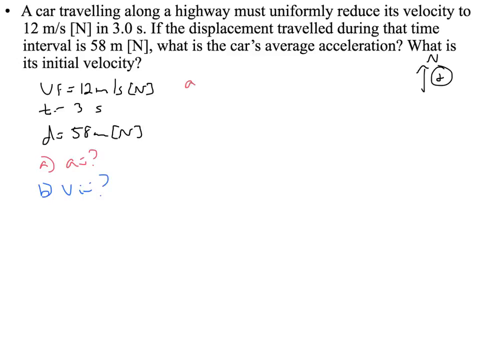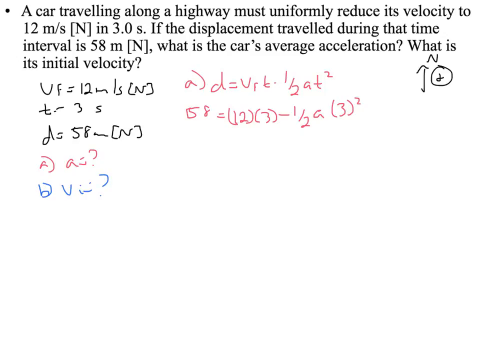So let's start with A. What is the car's acceleration? Well, let's use an equation. Let's use D equals VFT minus 1/2 AT squared. And we're going to plug in some numbers. We have 58. We have a VF of 12, a time of 3, minus 1/2 A, and then 3 squared.